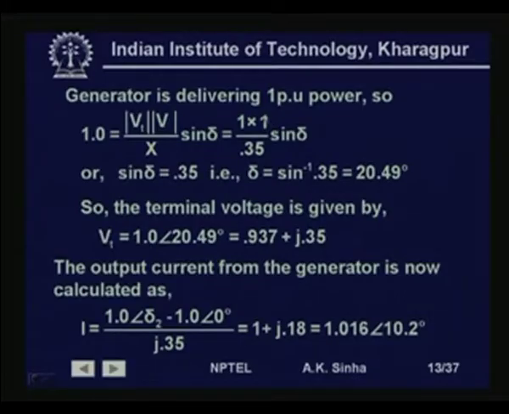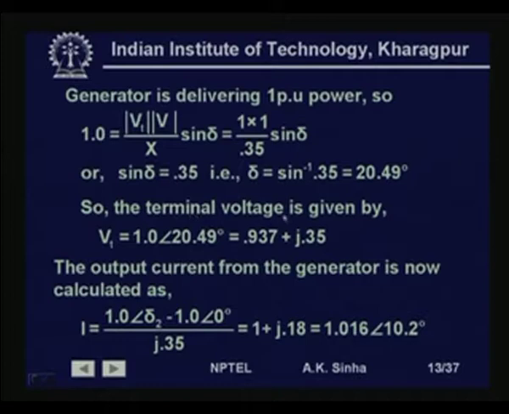The infinite bus voltage is also 1 per unit, and the transfer reactance between the terminal of the generator and the infinite bus is 0.35 per unit. So, we have 1 equals 1 into 1 by 0.35 into sine delta, from which we can calculate delta equal to 20.49 degrees.